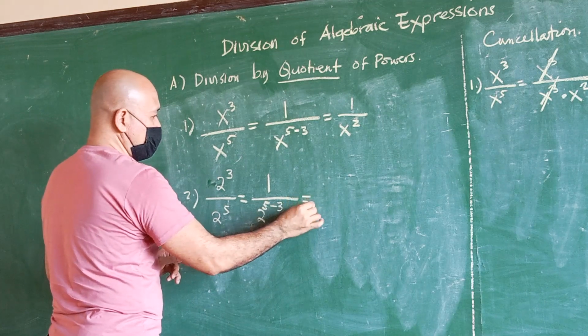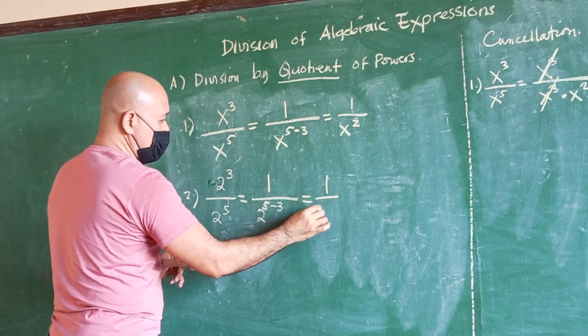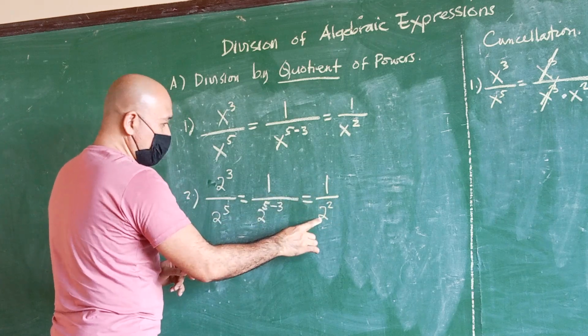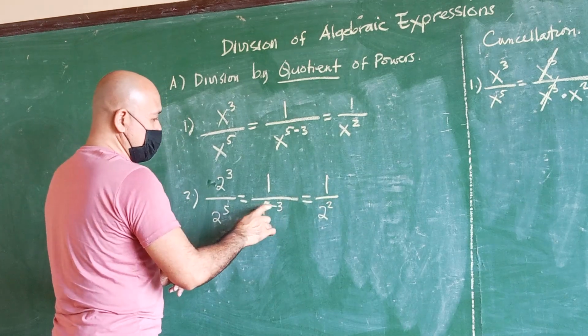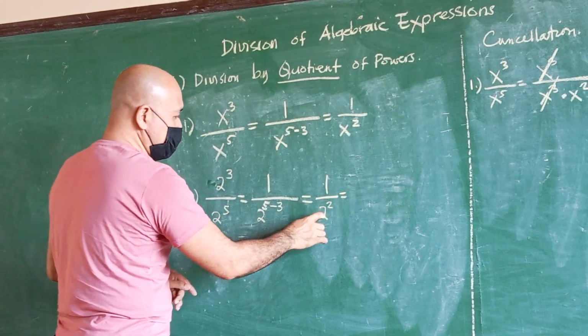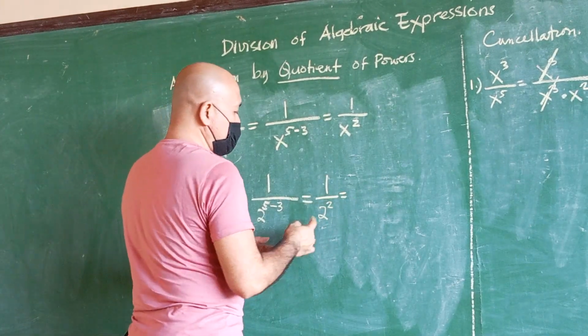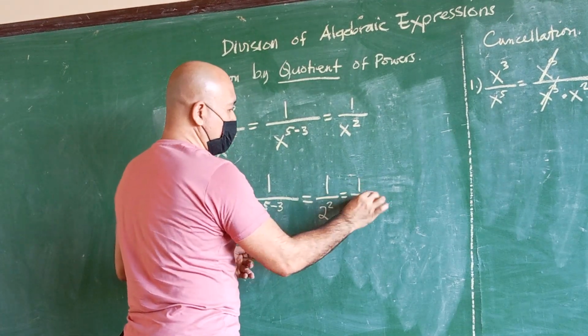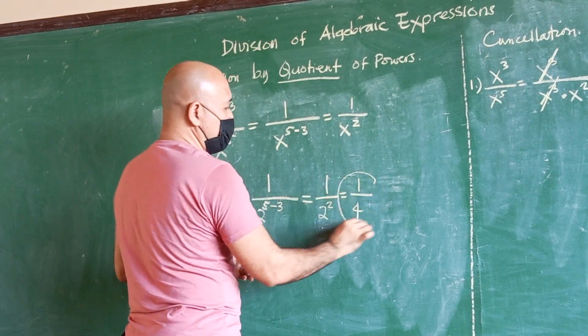And if you continue, this will become 1 over 2 raised to the power of 2, because 5 minus 3 is equal to 2. And since this is a number, you need to simplify 2 squared, and that is equal to 1 over 4 here.